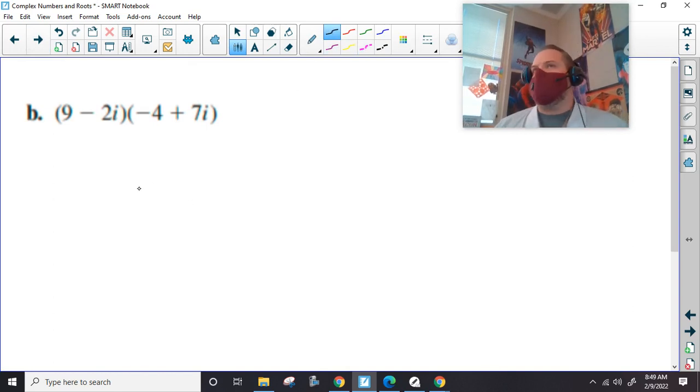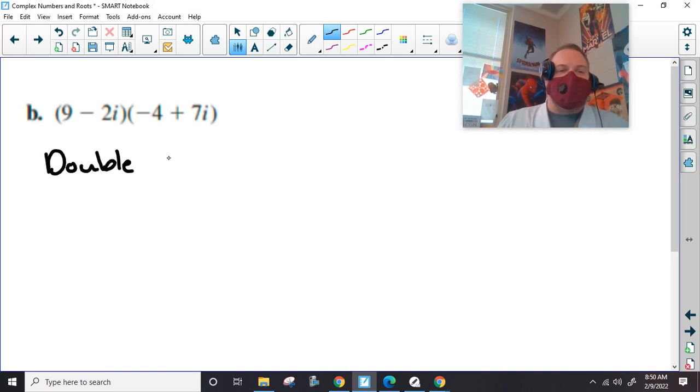This, you get to choose your own adventure. We have two methods, actually three, that you could do this. If you work with somebody outside of this, like somebody closer to my age, a tutor or something, they're going to use a word called FOIL. It's just another way of what we're doing. This is called the double distributive.